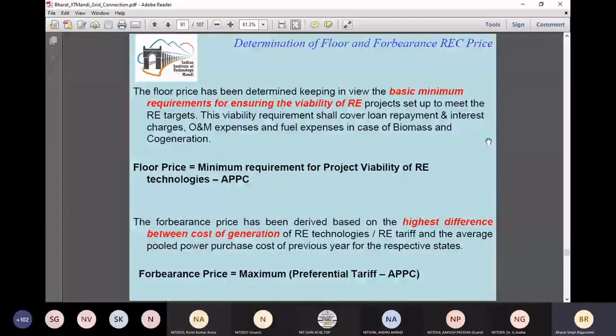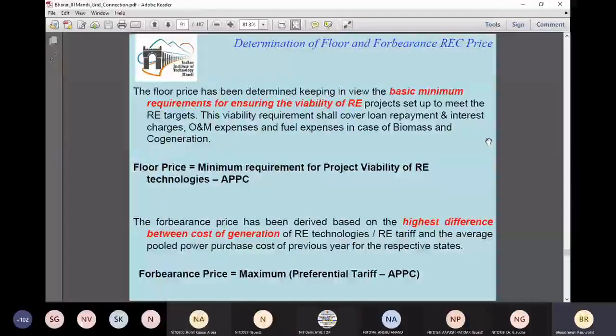But there is the word minimum. We will understand this by taking a particular case study, and this is why some benefit is always there, even if the certificate is sold at the floor price. Similarly, the last line you can see is the forbearance price, which is preferential tariff minus average power purchase cost.